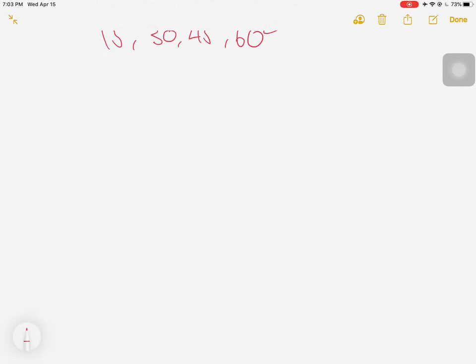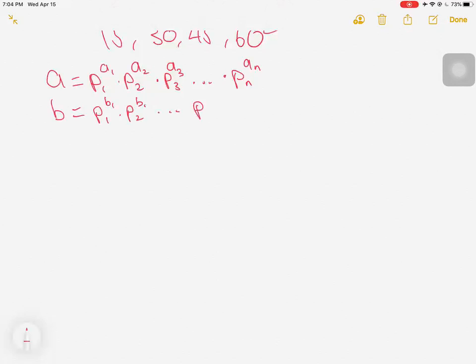So if we have two numbers, A and B, and their prime factorizations are P1 to the A1, times P2 to the A2, times P3 to the A3, all the way times Pn to the An, and B is similarly defined. This is just the prime factorization notation we used last class.